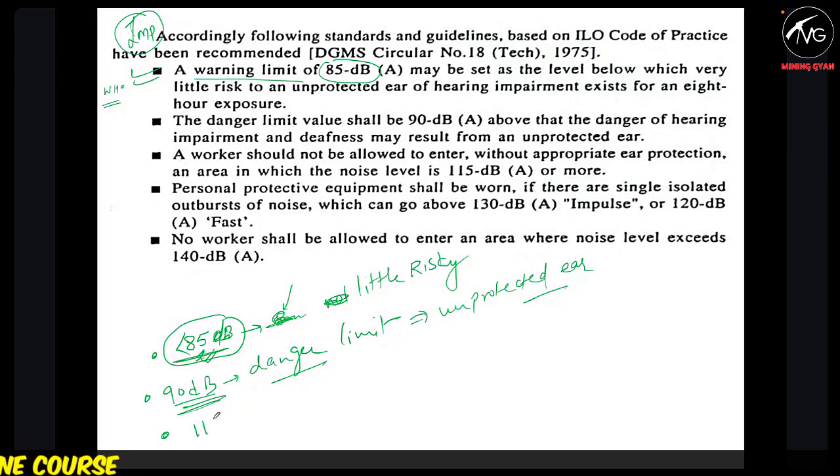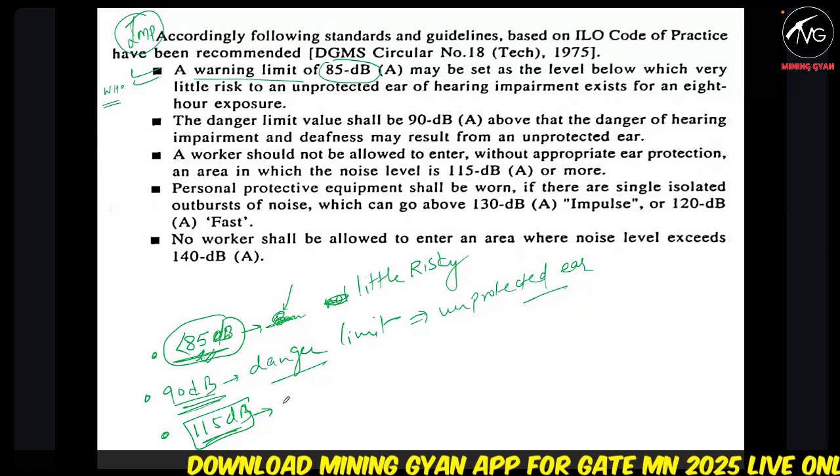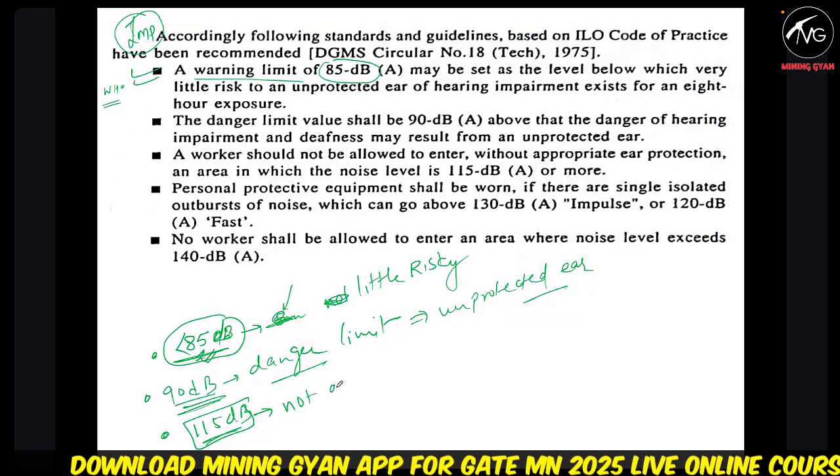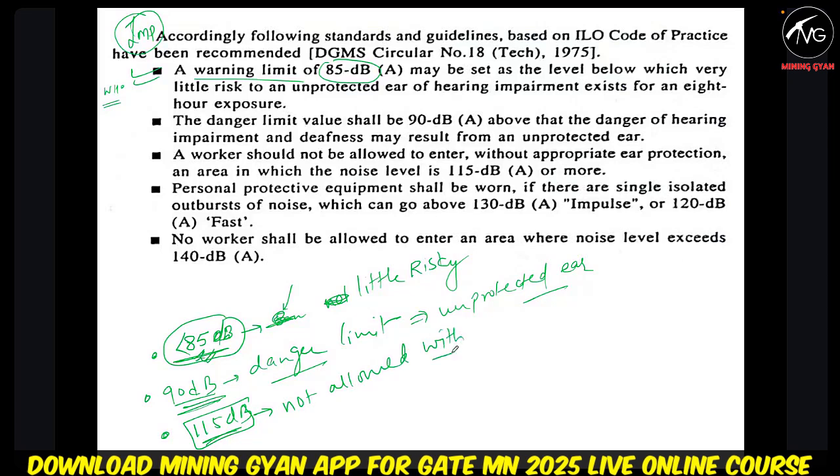And at 115 decibel, a worker should not be allowed to enter without appropriate protection. If you notice that in an area the sound or noise pollution is 115 decibel, then no person will be allowed without ear protection. ठीक है.